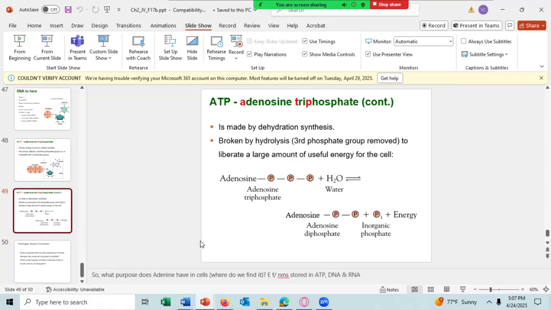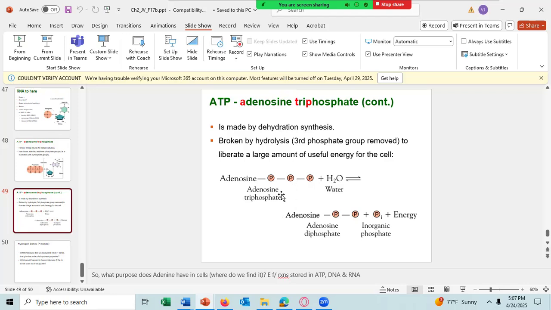ATP is made by dehydration synthesis. You can take ADP, adenosine diphosphate, shown here, adenine with 2 phosphate groups attached, add an inorganic phosphate group and energy, and then this reaction can go that way, where water will come out and ATP will be made in dehydration synthesis.